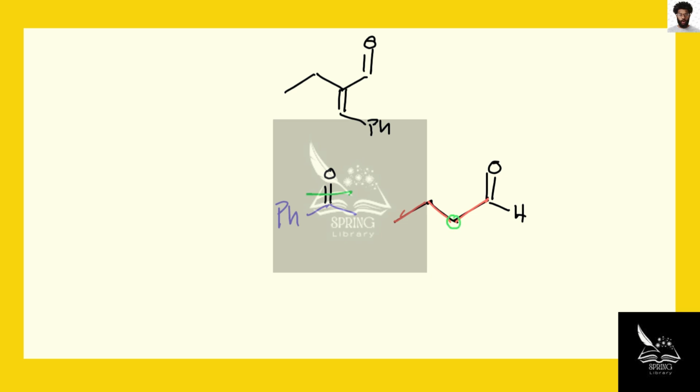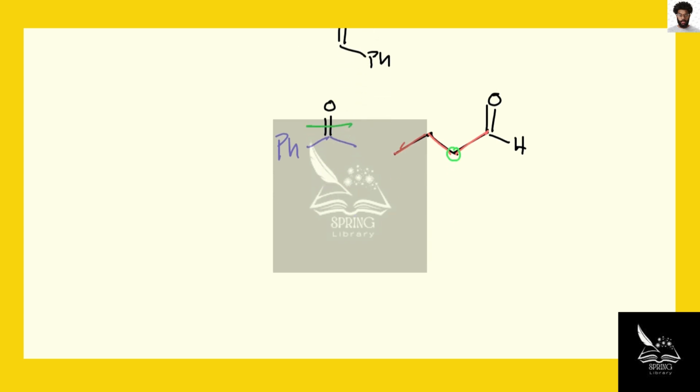Imagine cutting this in half and gluing it to that carbon so that you'd get something that looks like this. Sorry, I forgot to put the H here. And that's one shortcut you can do to show the product of these reactions without having to step through the mechanism.